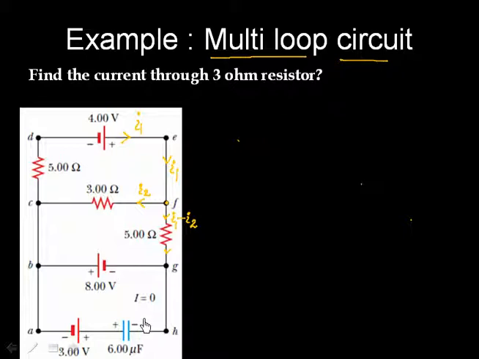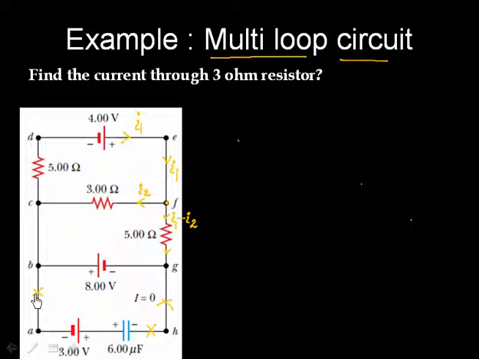But important point, we have this part BAHG. This contains a capacitor, and we said in a steady state, a wire that contains a capacitor will have no current. So in this wire there will be no current, in this wire no current, and in this wire no current.